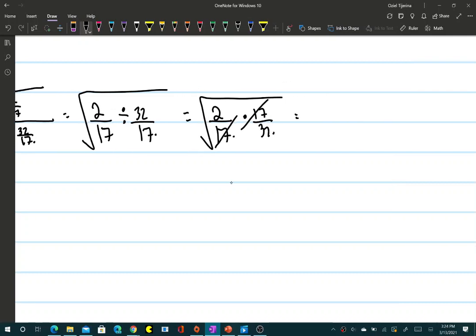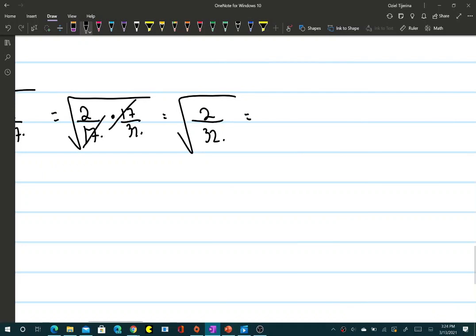You would just get the square root of 2 over 32. Again, you can go ahead and simplify this fraction by reducing it. So this would be the square root of 1 over 16.